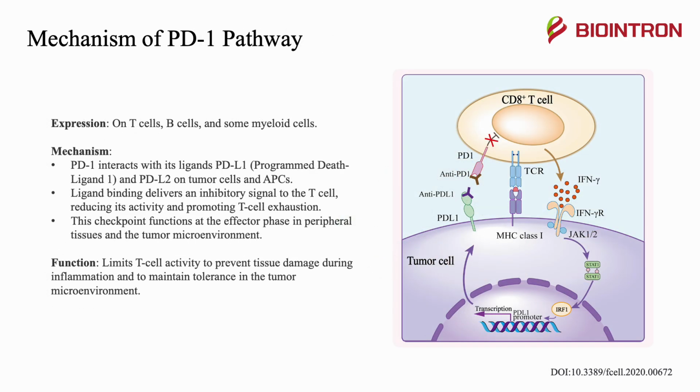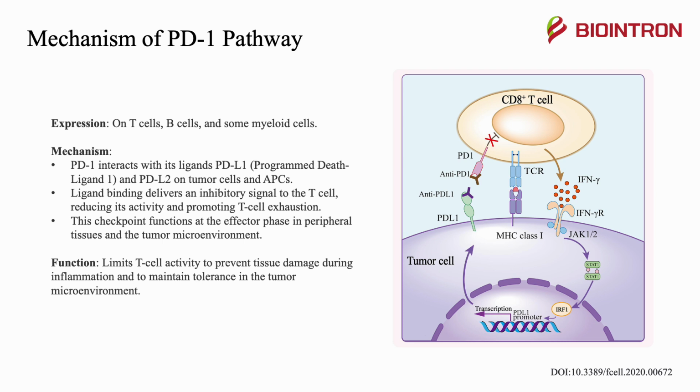On the other hand, the PD-1 pathway is expressed on T cells, B cells, and some myeloid cells. PD-1 interacts with its ligands PD-L1, programmed death ligand 1, and PD-L2 on tumor cells and APCs. Ligand binding delivers an inhibitory signal to the T cell, reducing its activity and promoting T cell exhaustion.